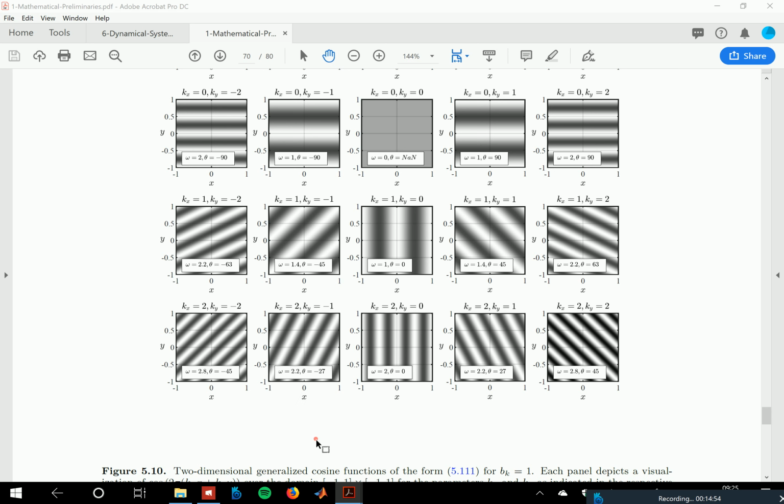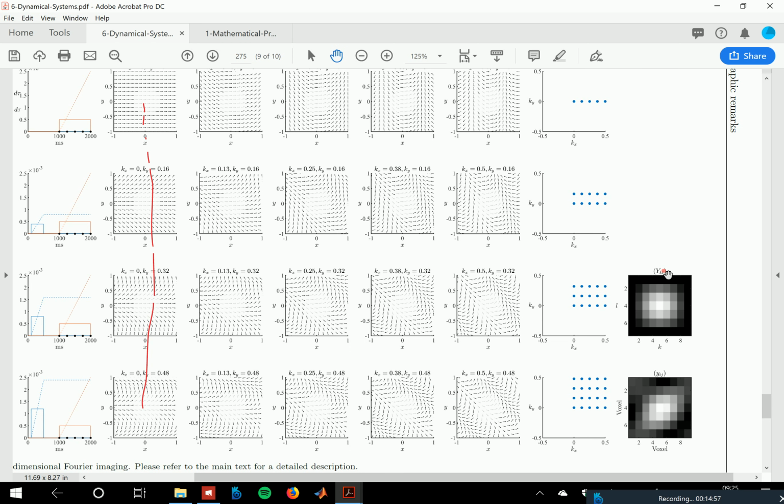The data that is acquired is still the summation over all of space at each time point of the product of the complex exponential term, so this two-dimensional entity, and the magnetization vector, so this two-dimensional entity, summed over all of space, which gives you a two-dimensional number, a complex number.